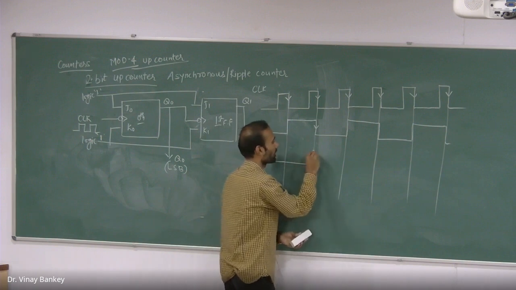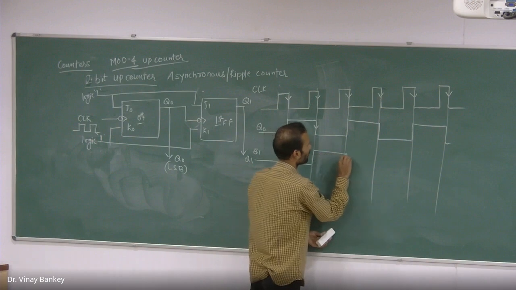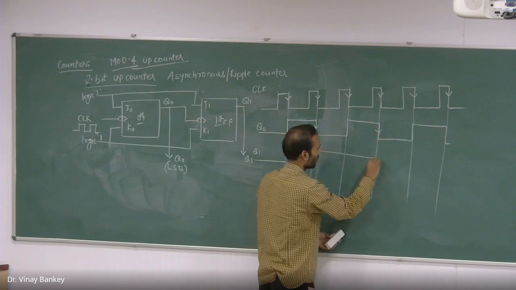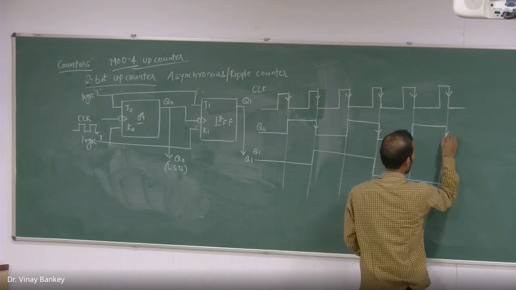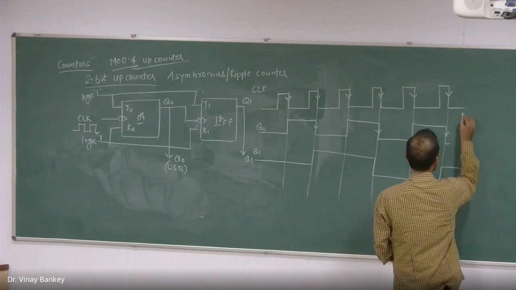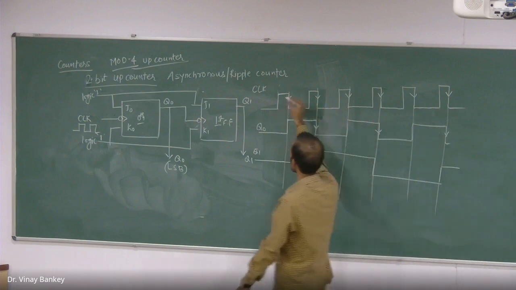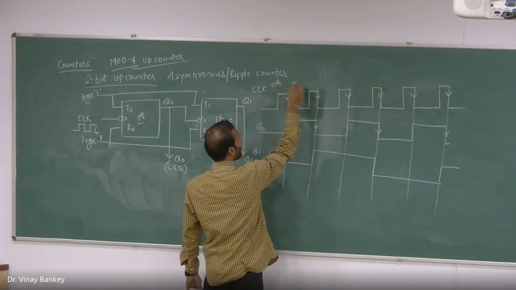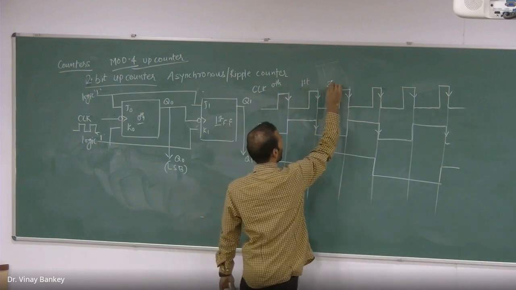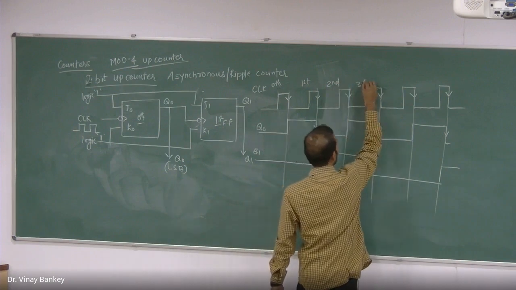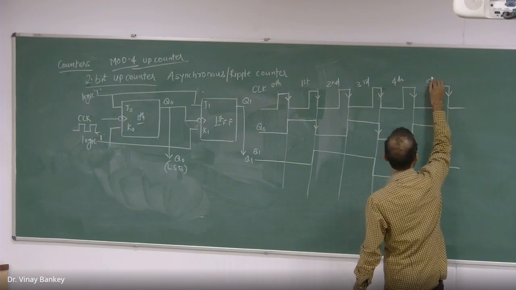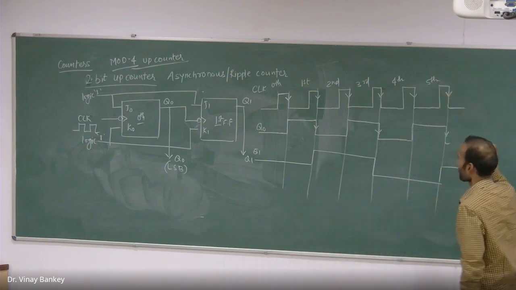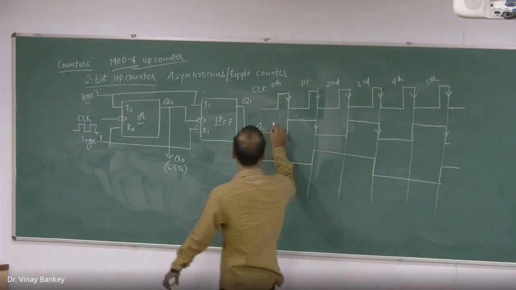Then it will complement the previous one, that is 1 now, and again it will go 0, and again it will become 1. Let me draw how many states we have. This is the 0th clock pulse, first clock pulse, second, third, fourth, and the fifth.